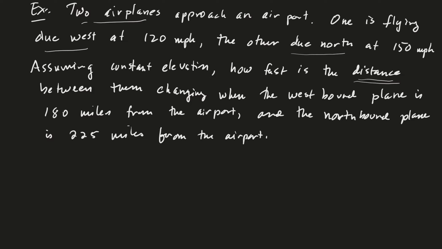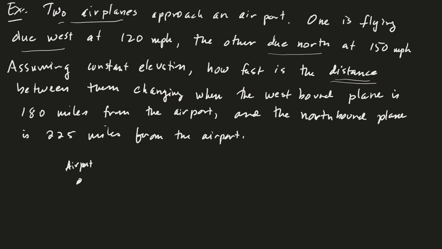The best way to start is to draw a sketch of the situation. So if this is my airport, then one plane is flying west to the airport, so that must mean that the plane is over here somewhere. Let me get myself a little bit of room here. That means the plane is over here somewhere, and it's flying this way.